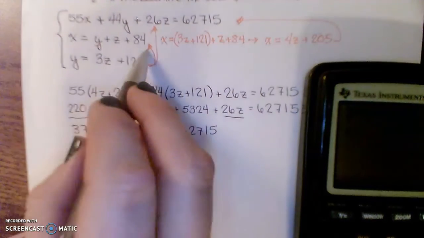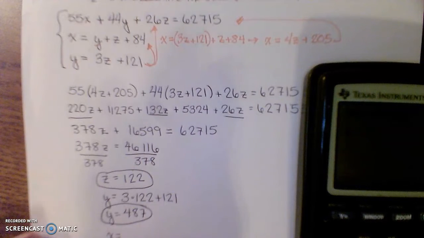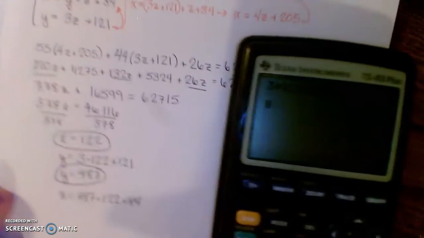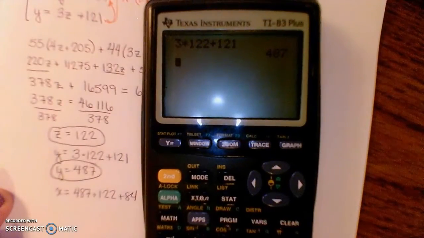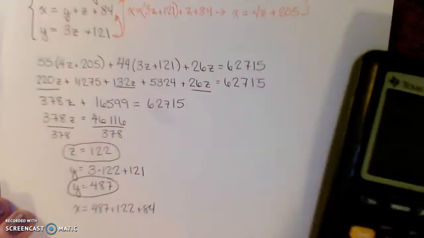X equals y plus z plus 84, or we could have used 4z plus 205. So 487 plus 122 plus 84. I get 693.